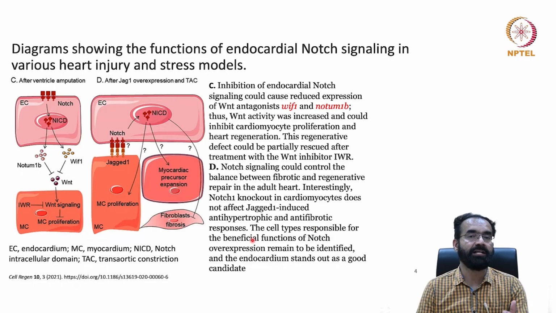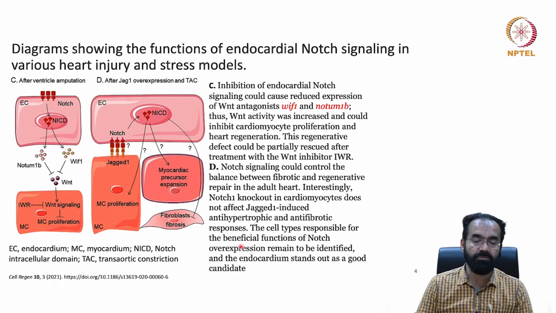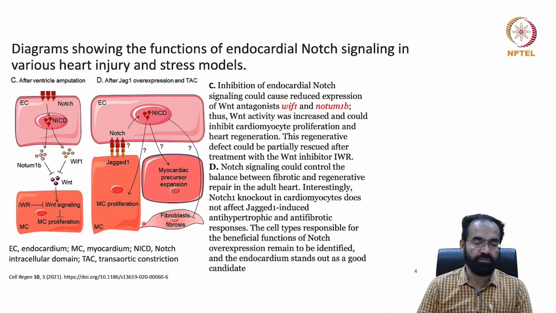They happen because naturally various other signaling, like we have seen, YAP signaling, comes into the picture, and they can also contribute. The cell types responsible for the beneficial functions of Notch1 overexpression are yet to be identified, and the endocardium stands out as a good candidate for this proposal.